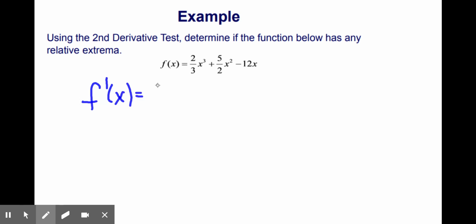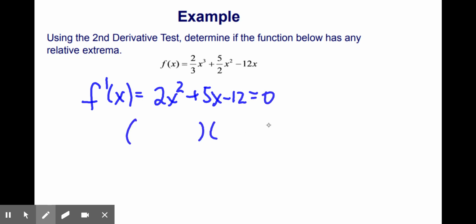So to find the derivative, we'd get 2x squared plus 5x minus 12. And I need to set that to 0, okay, to find the critical numbers. All right, so this probably factors 2x and x. Let's see, we could have 6 and 2, 4 and 3, looks like 4 and 3, plus 4 minus 3.